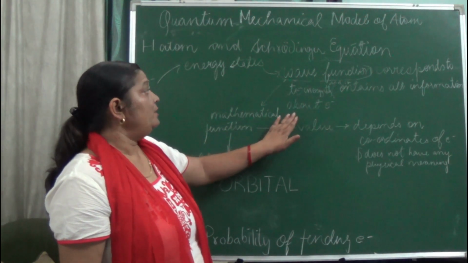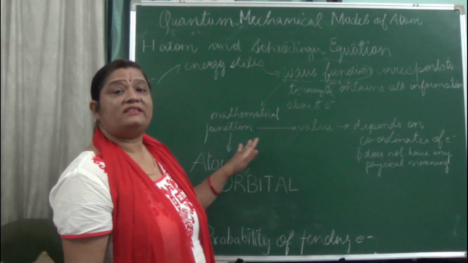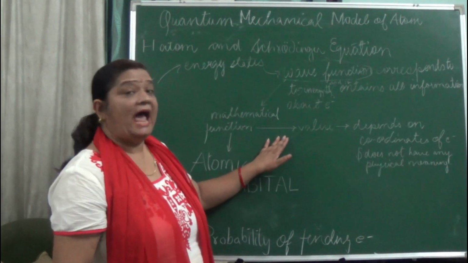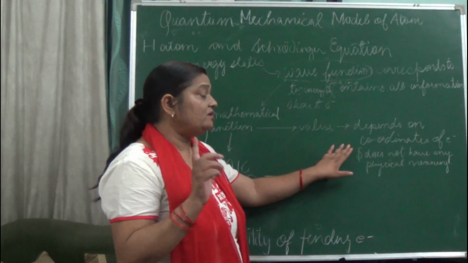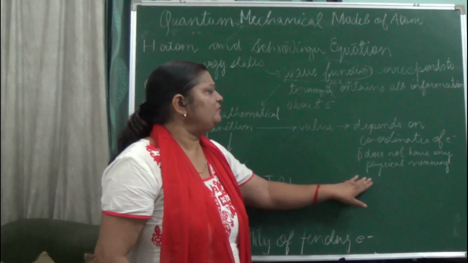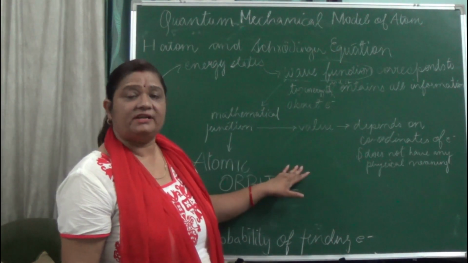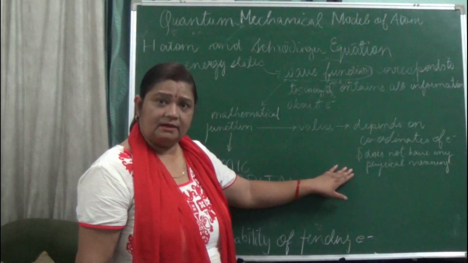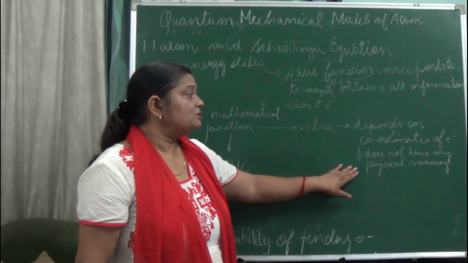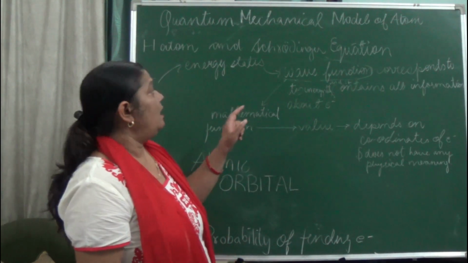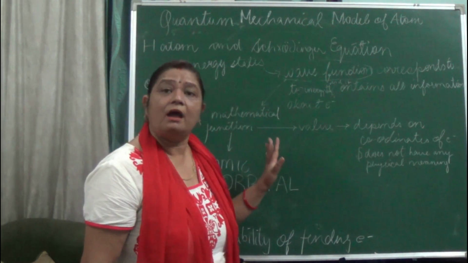The wave function is a mathematical function which has a certain value that depends upon the coordinates of the electrons, and it does not have any physical meaning. What do we mean by that? If you see force, which you have studied in physics, it has a physical meaning because it can be formulated and has different types. But this mathematical function, the wave function, doesn't have one. It only depends upon the coordinates of the electrons.